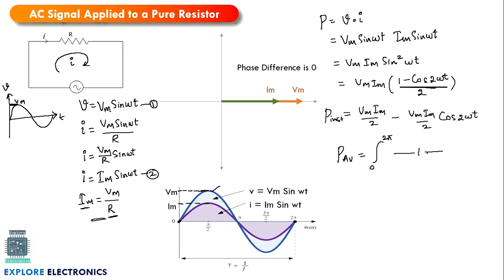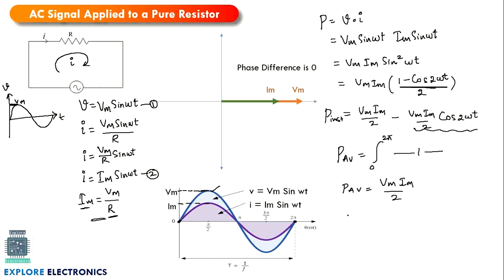So P average is equal to Vm Im divided by 2. In the integration of this expression, the second term becomes 0, because it has twice the frequency component and I am integrating from 0 to 2π, so it gives 0. Since Vm Im divided by 2 is a constant, it remains as it is. This is the expression for the average power dissipated by the resistor.